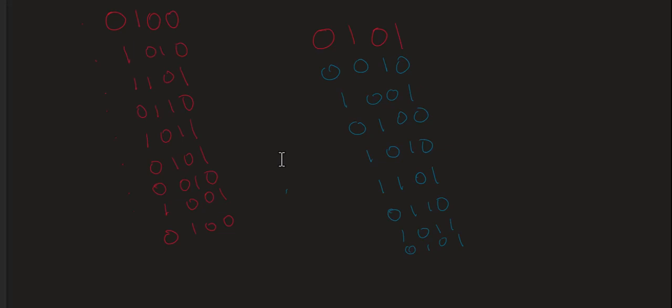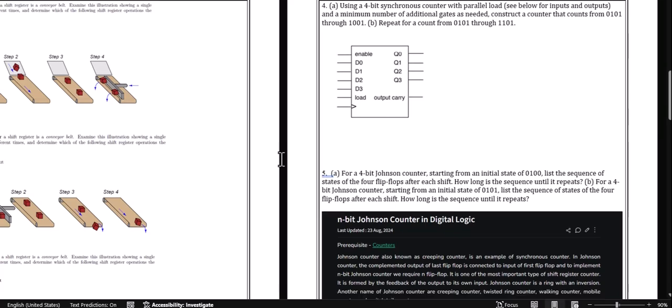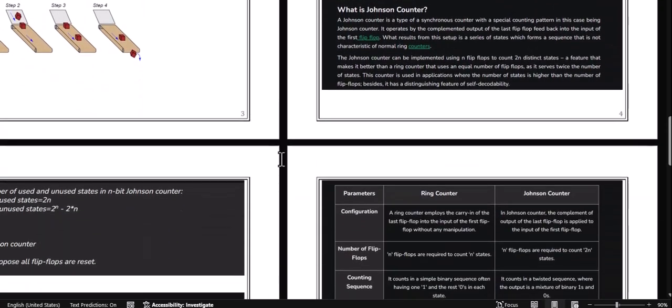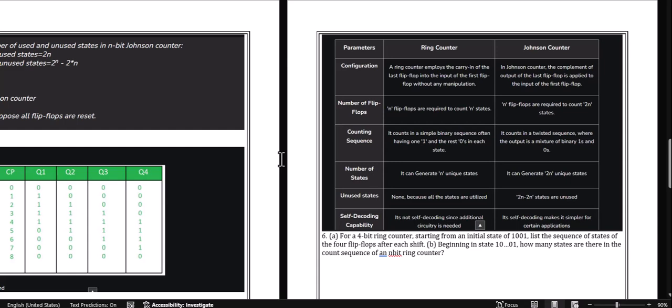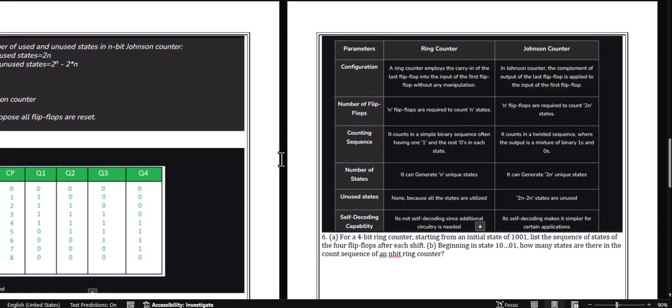I guess like the biggest gap that I have is like what is this useful for? Because I can follow the pattern that you gave me, right? But whenever it comes to telling us like, oh, use a Johnson counter for this, how would I be able to interpret that in order to apply?